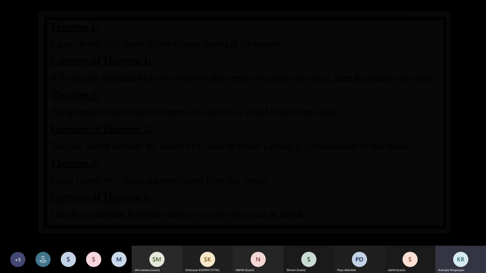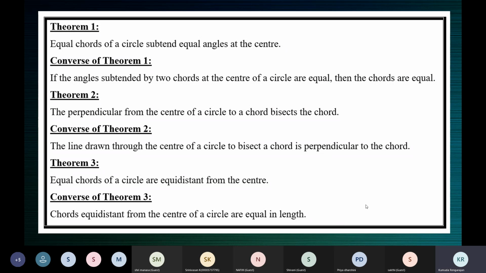Please go through these. We have seen them last year. So you can see theorem 3 and its converse. Equal chords of a circle are equidistant from the center. Chords equidistant from the center of a circle are equal in length. Take a screenshot, children.